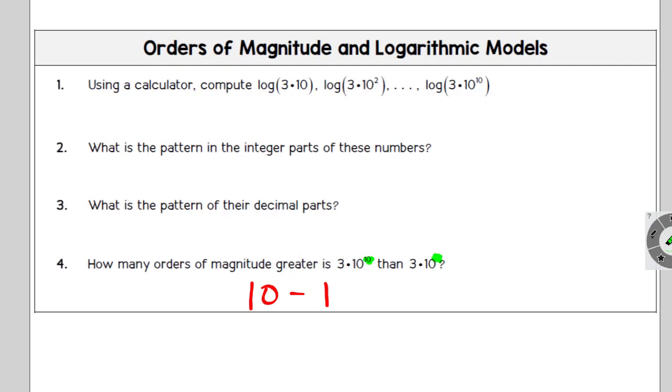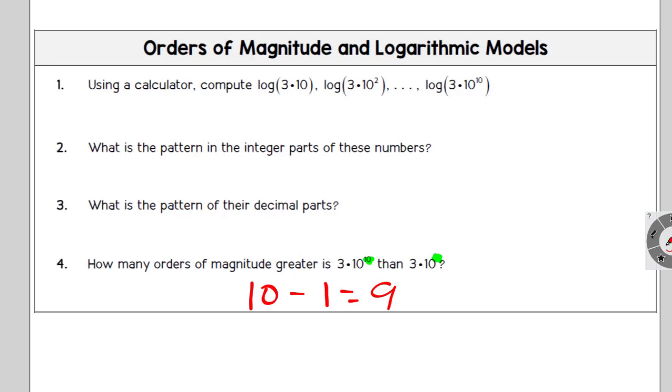Of course, we understand that there's an exponent of 1 there, and then we can see the exponent of 10. So we got 10 minus 1, or 9. So basically, we're talking about the differences in the powers between these two values. To go from 3 times 10 to the first to 3 times 10 to the 10, that's going to be 9 orders of magnitude greater. That's what that means.